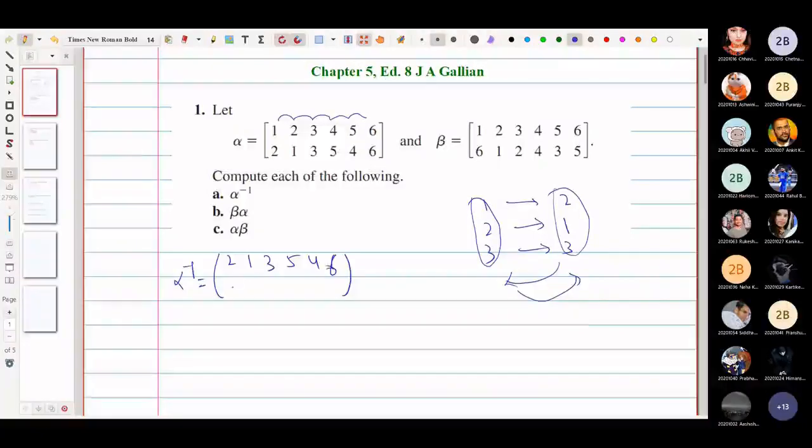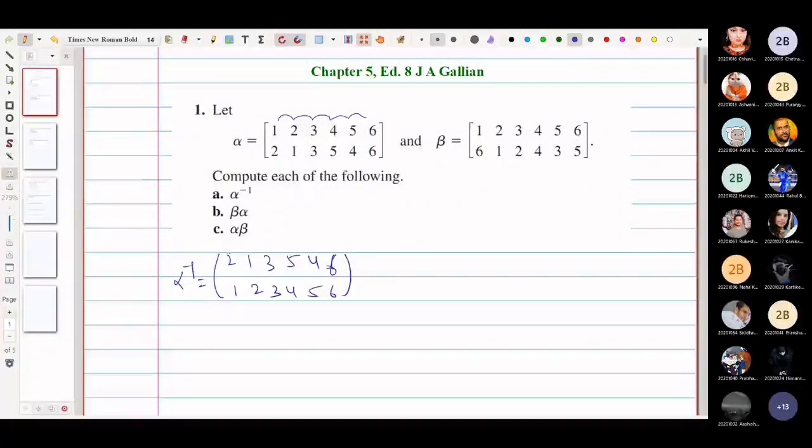You should note one thing always: you have to take care of the elements and the images of that particular element. Here you see 2 was the image of 1, so it now became the pre-image, and 1 has become the image. So this is the inverse.